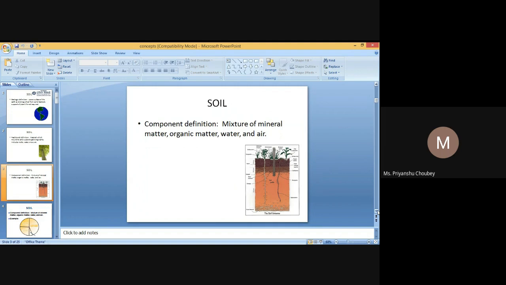Relief: landforms and topography. Relief is not static, it is a dynamic system. Its study is called geomorphology. Relief influences soil formation in several ways.